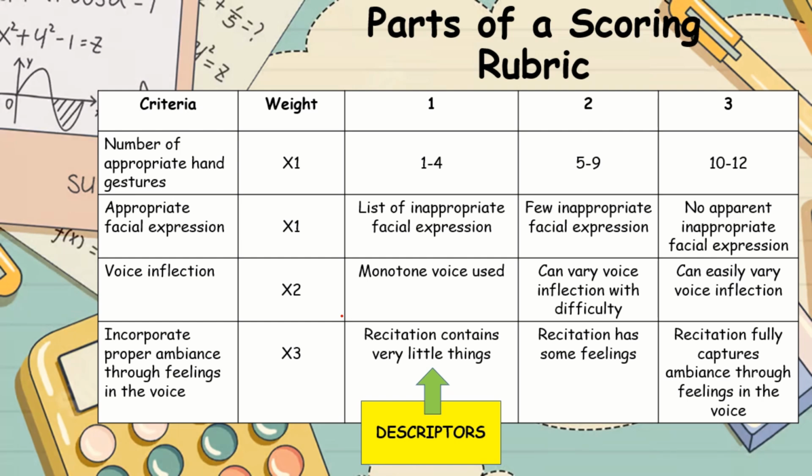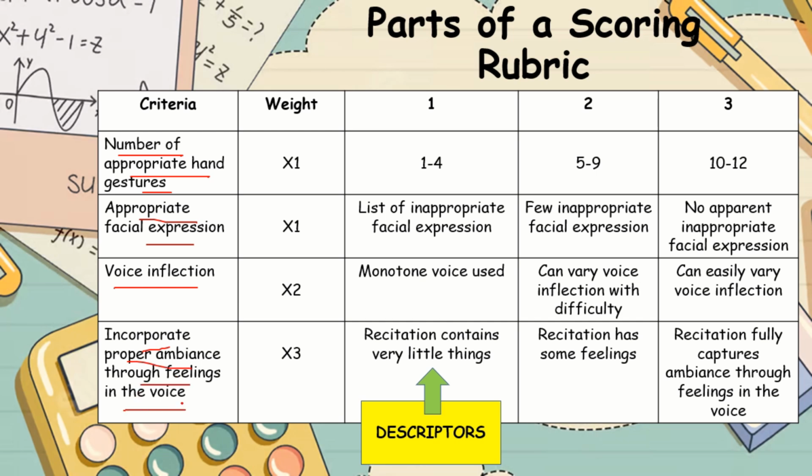Here we have an example table that shows a recitation rubric. The criteria given here are the number of appropriate hand gestures, the appropriate facial expression, the voice inflection, and incorporating proper ambience through true feelings in the voice.